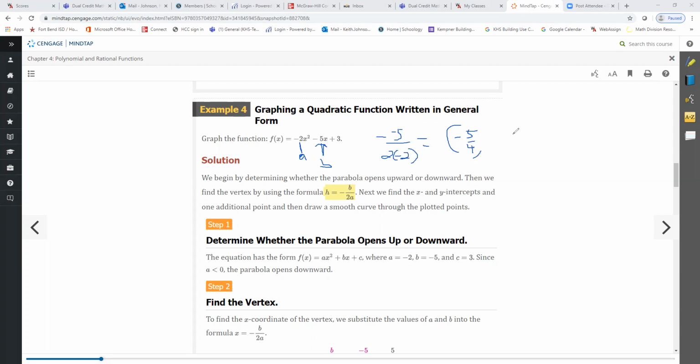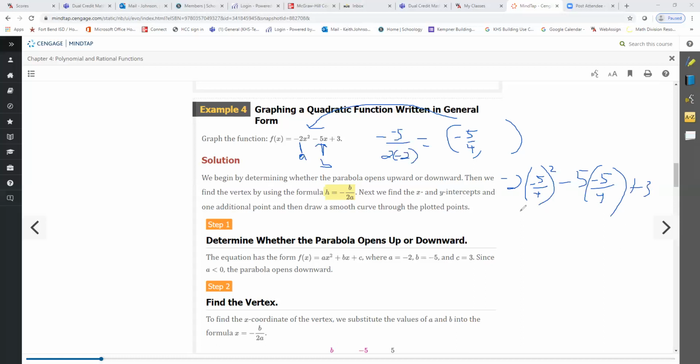Because to find the y value of your vertex, you're going to take this value and plug it back in. Okay, and so you're going to go negative 2 times negative 5 over 4, square it, minus 5 times negative 5 over 4, plus 3.